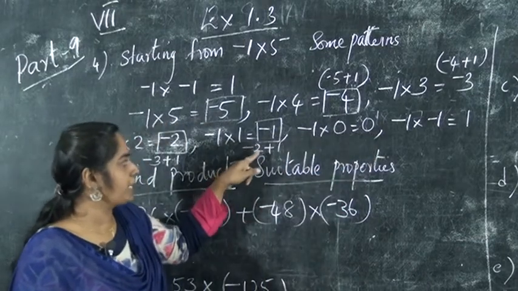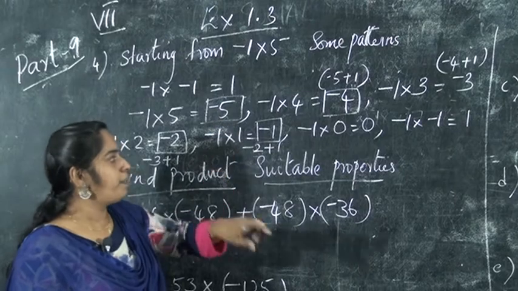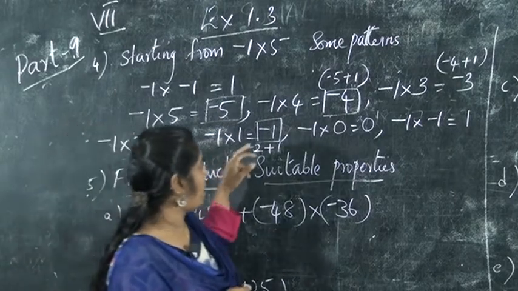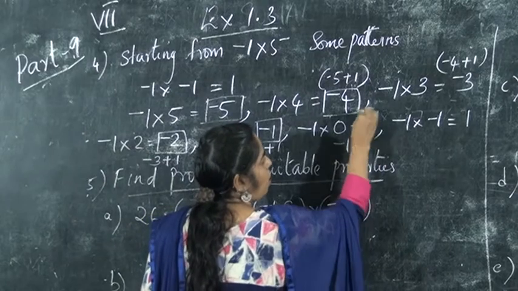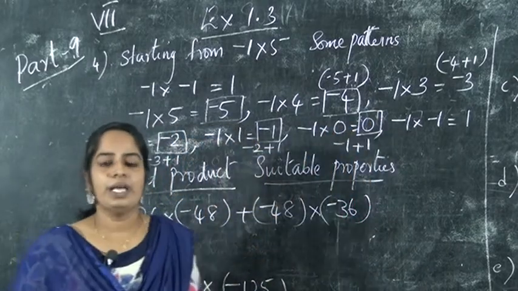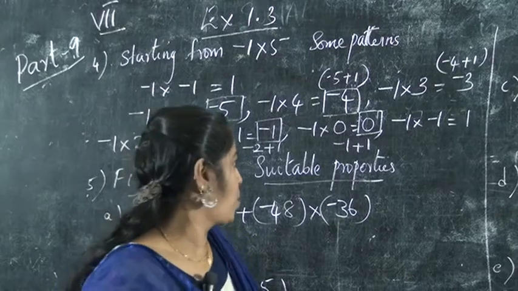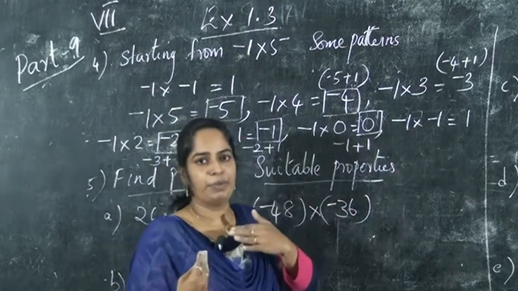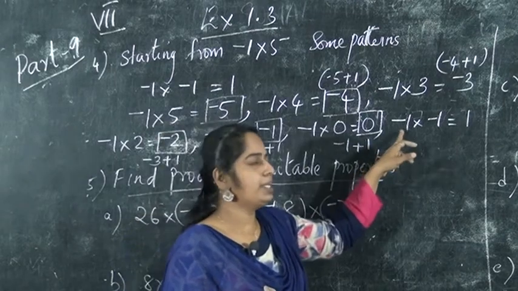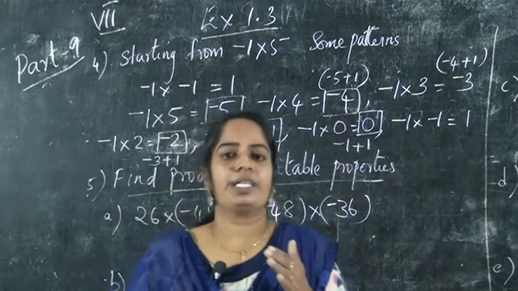So you can look here: -1 plus 1 becomes 0. Again -1 into 0. What is before 0? We all studied integers, so before 0 it is -1.